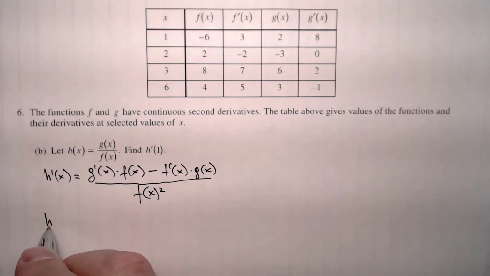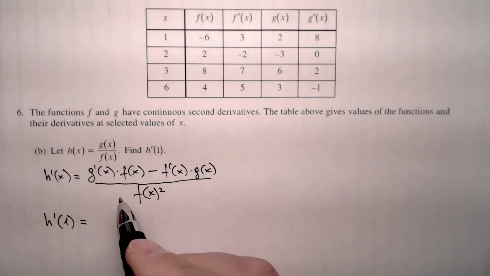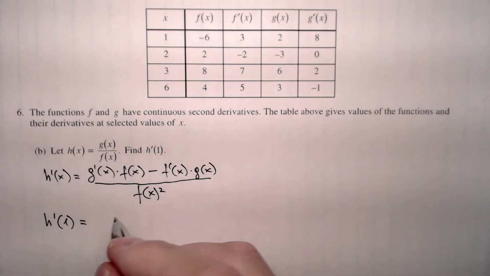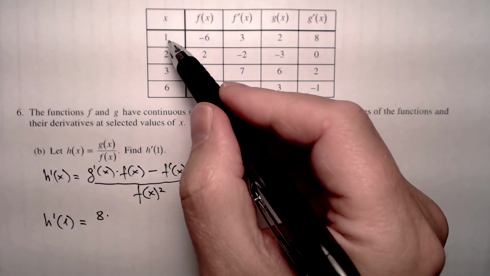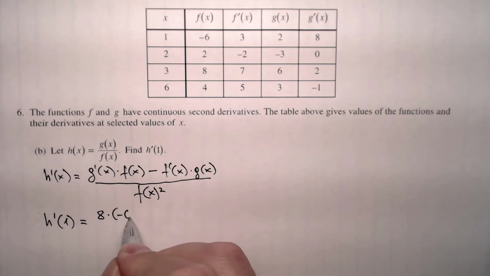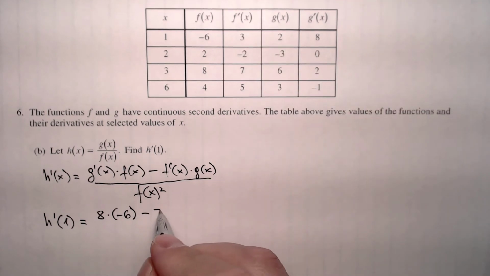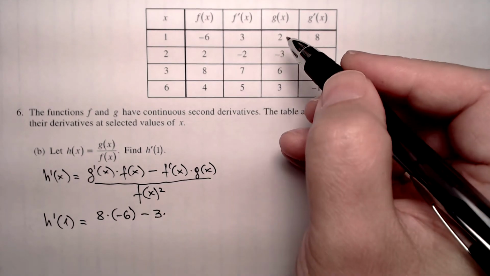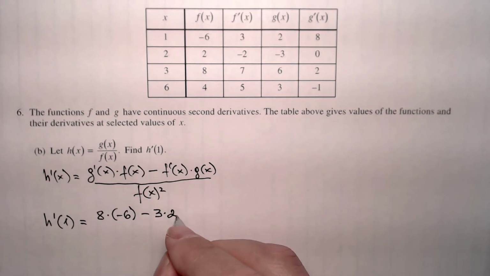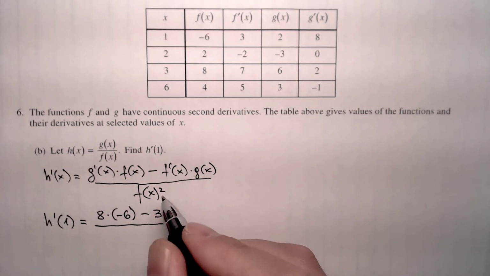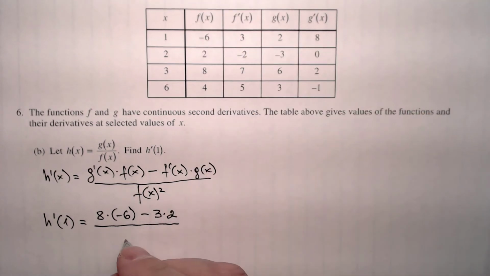So h prime at 1, let's plug in values. G prime at 1 is 8 times f at 1, negative 6, minus f prime at 1, which is 3, times g at 1, which is 2, divided by f of 1 squared, negative 6 squared.